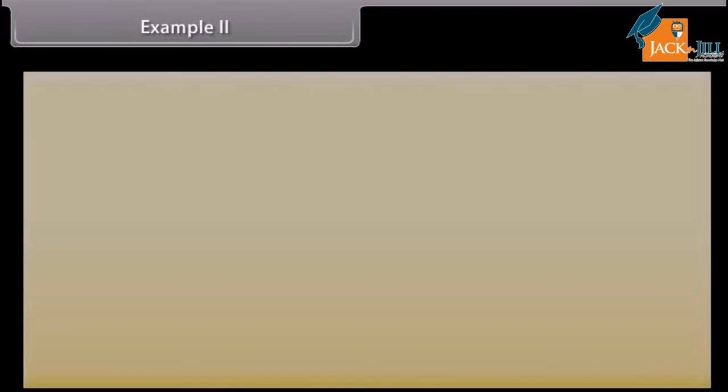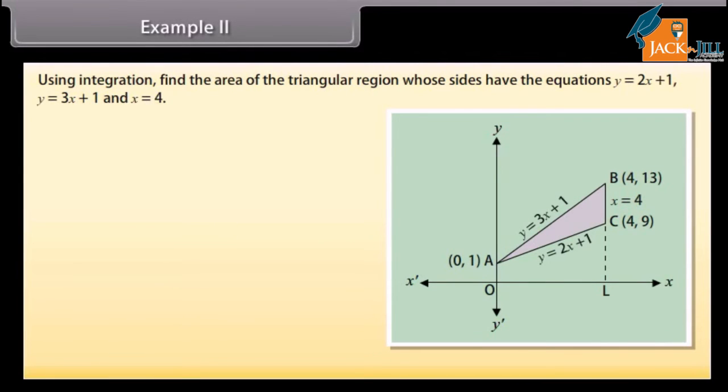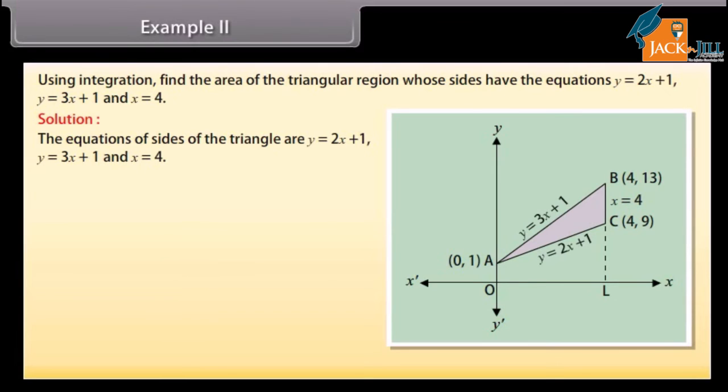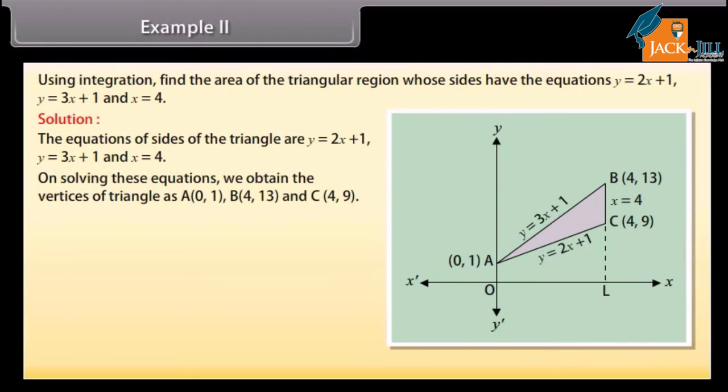Example second. Using integration, find the area of the triangular region whose sides have the equations y equals 2x plus 1, y equals 3x plus 1, and x equals 4. Solution. On solving these equations, we obtain the vertices of the triangle A(0, 1), B(4, 13), and C(4, 9).